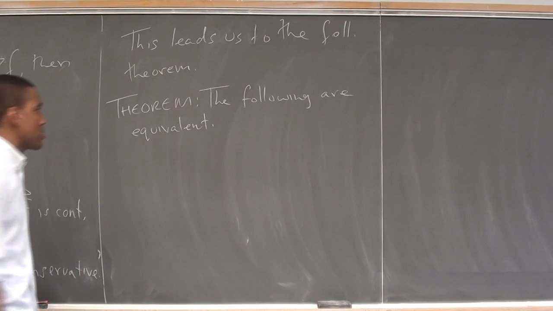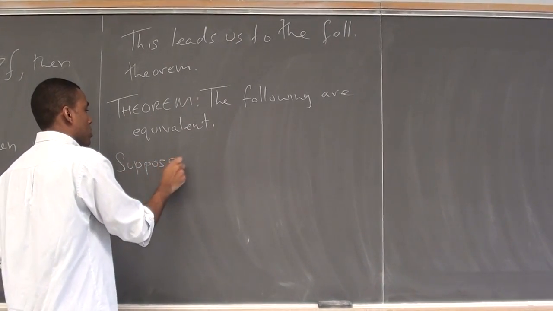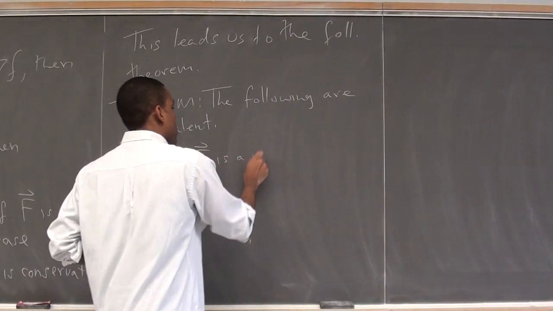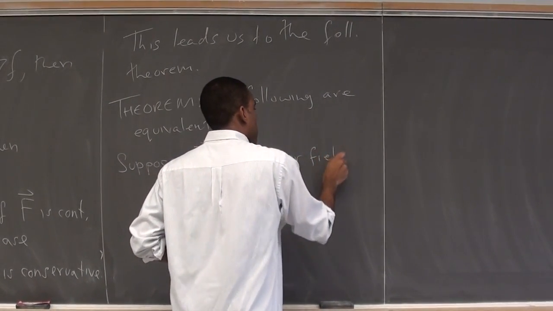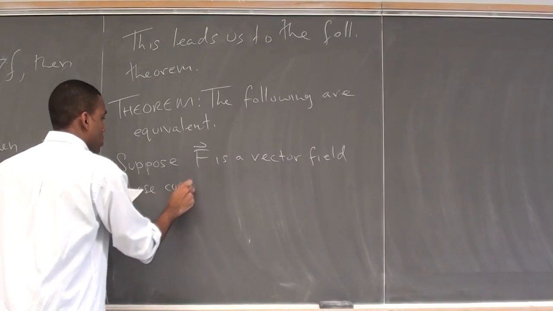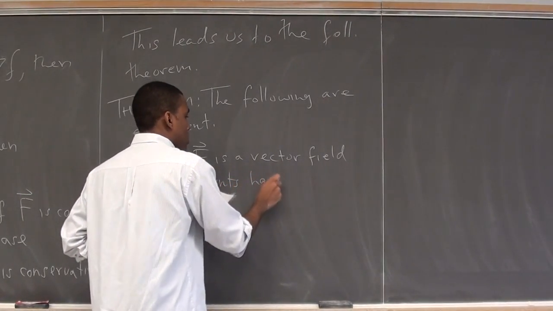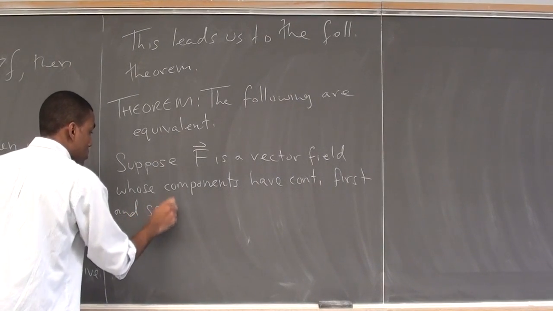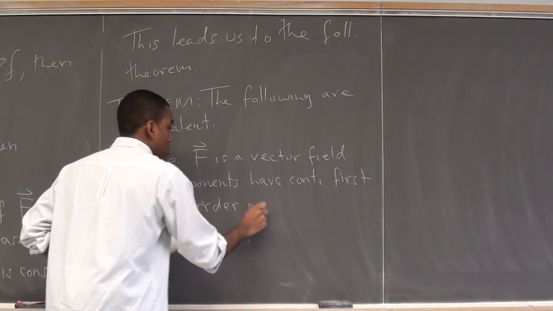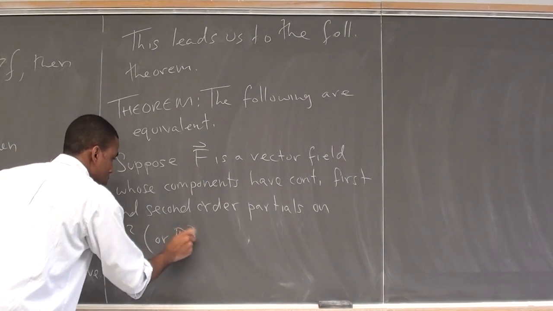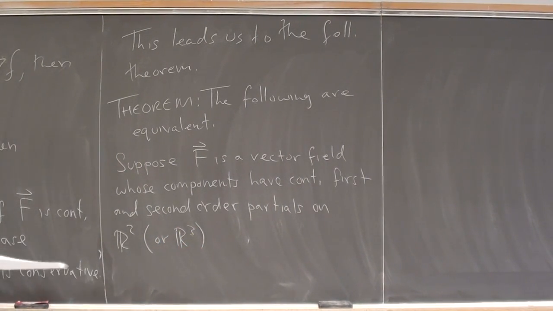Suppose f is a vector field with continuous partial derivatives in R2 or R3.